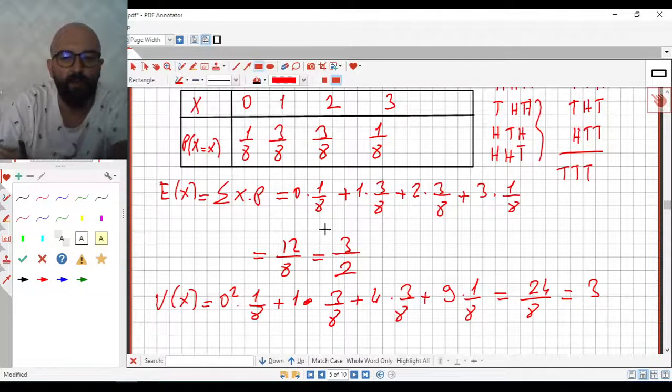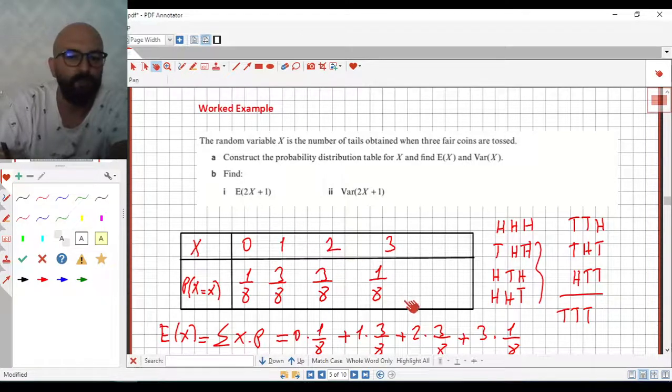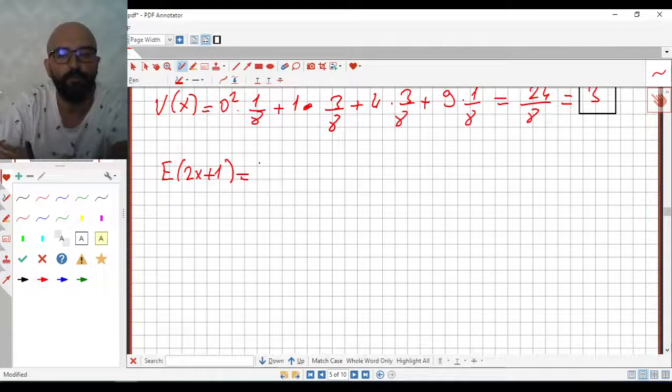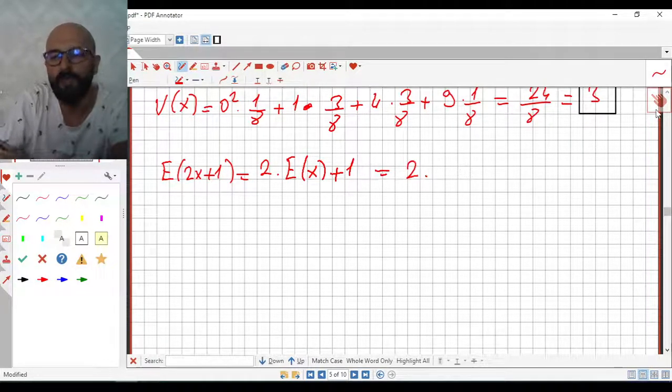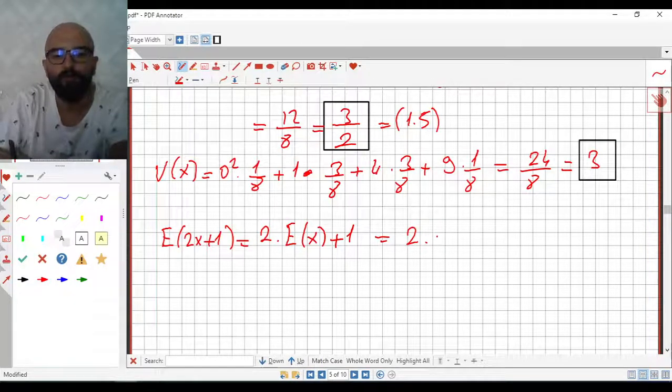Now we want to find the expected value of 2x plus 1. The expected value of 2x plus 1 means 2 multiply the expected value of x plus 1, 2 multiply 1.5 plus 1, which means 4.